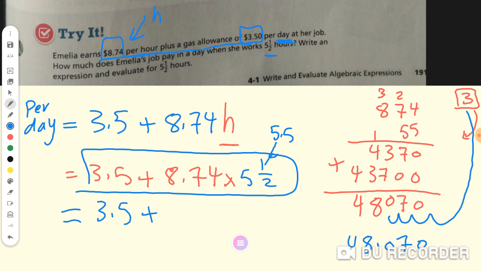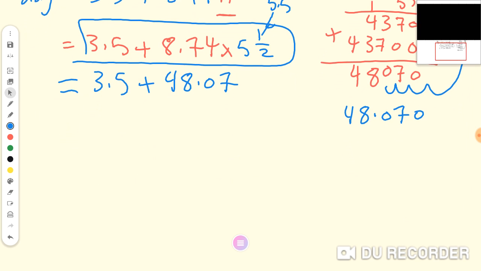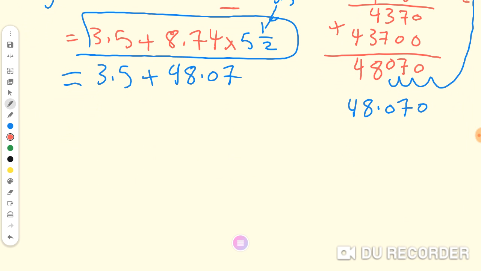US dollars. Okay, this number now is 48.07. Adding it with 3.5. So this number I will add 3.5. Take care while you add 3.5 because you put the point under the point, and the ones position is 3 and the tenths position is 5.